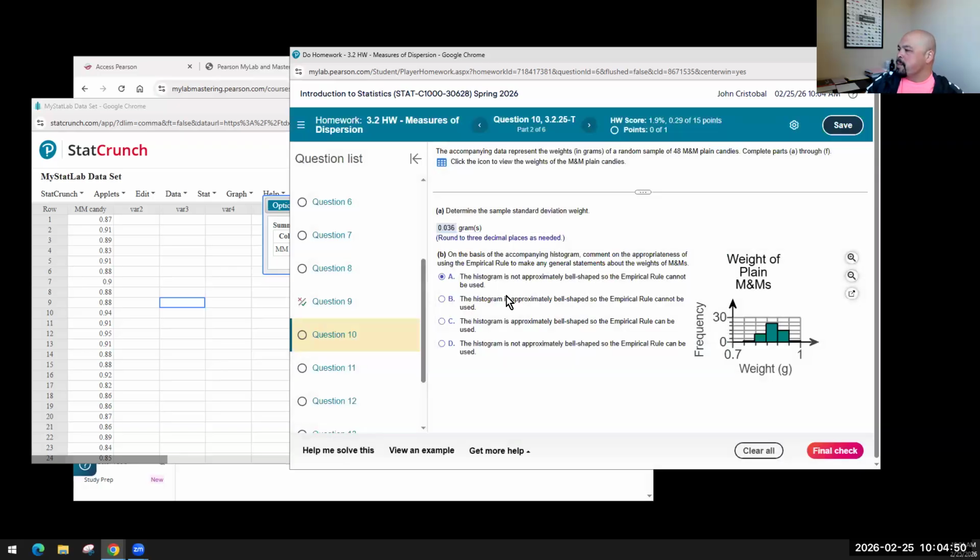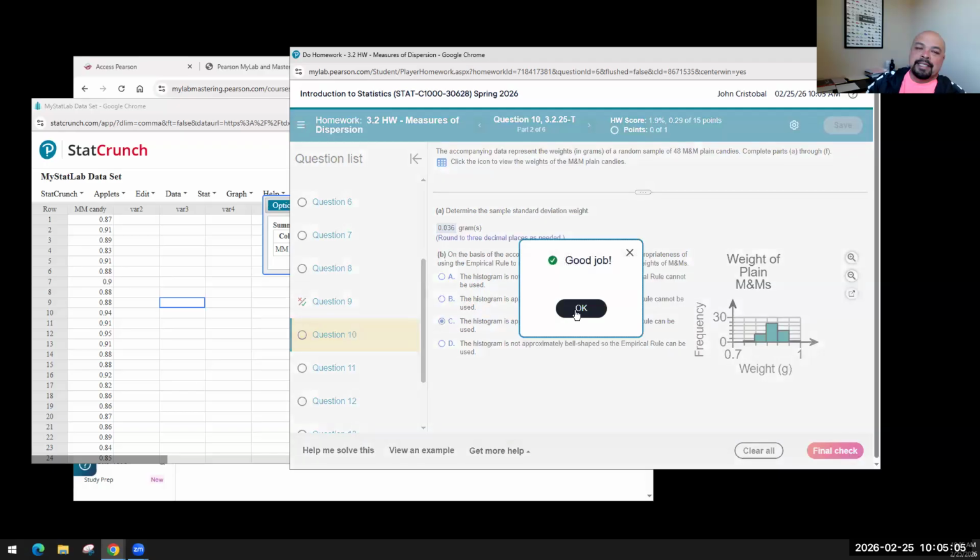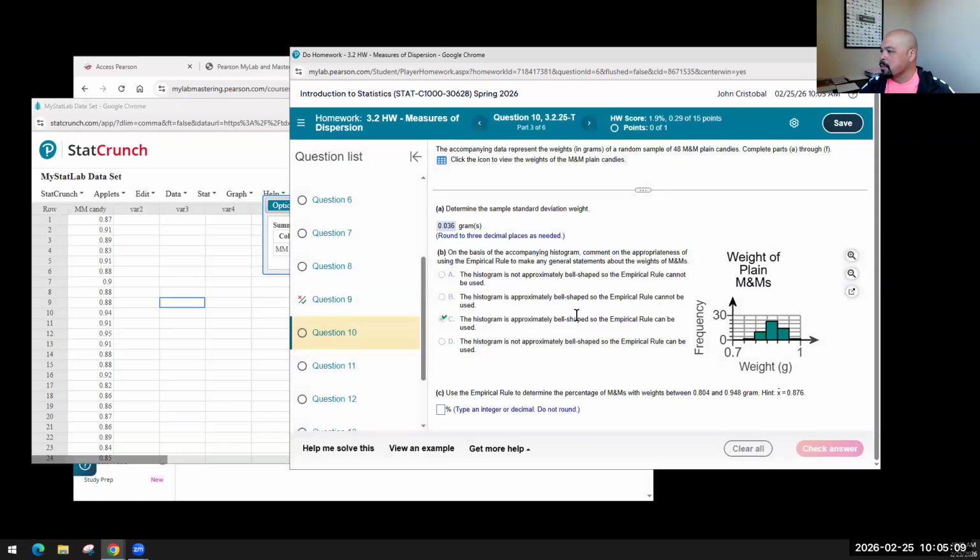No, okay, so let's say maybe it is approximately bell-shaped, so we can use it. This says note here the wording cannot be used if it is approximately bell-shaped, there we go. So it says it's normal, but again, with some of these smaller data sets, it's harder to tell.